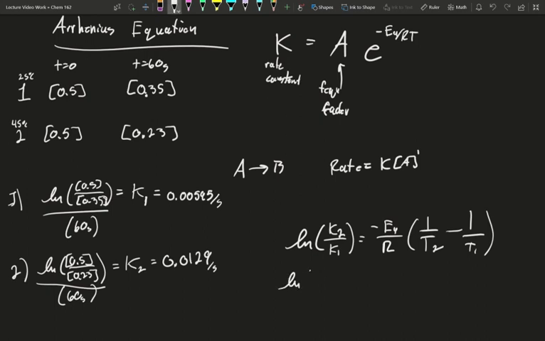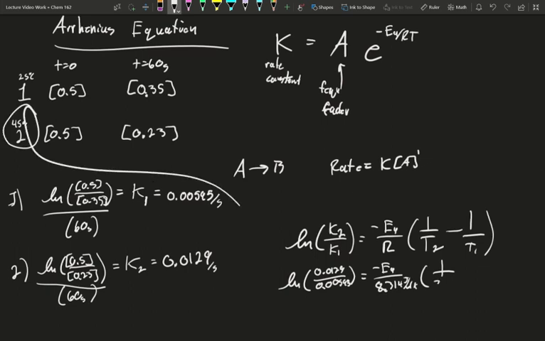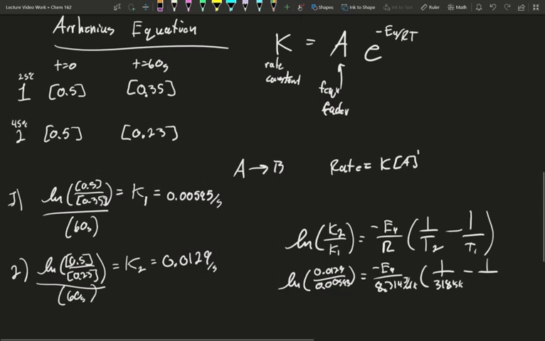those in. Natural log of 0.0129 over 0.00595 should equal negative activation energy over 8.314 joules per mole Kelvin times 1 over, well, temp 2 was 45, so 318.15 Kelvin, and temp 1 was 25, so 298.15 Kelvin.